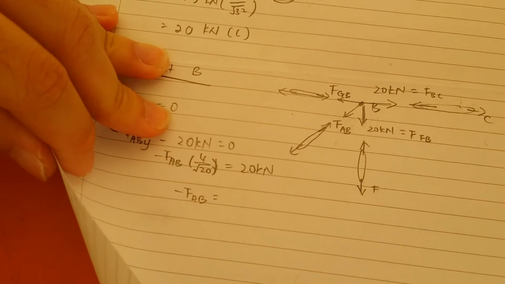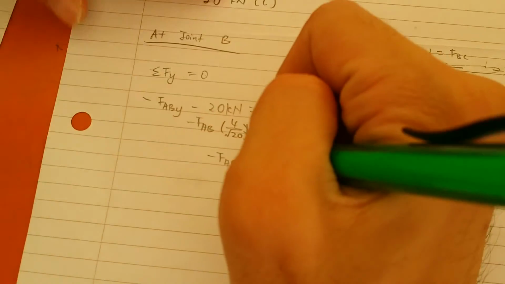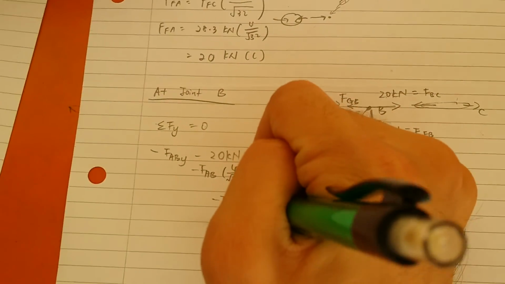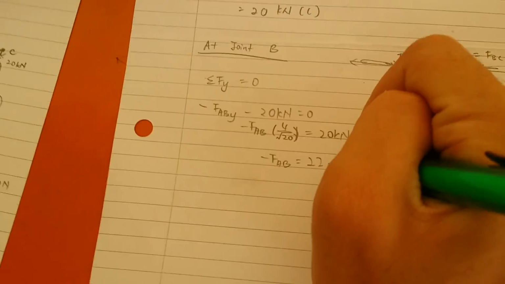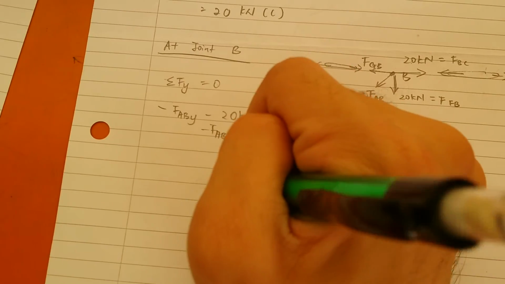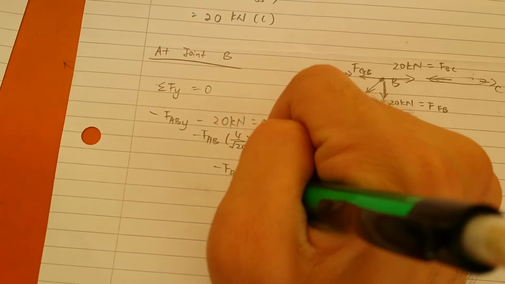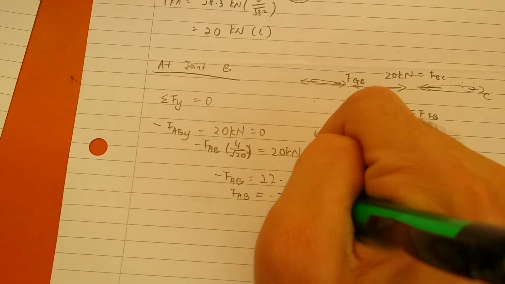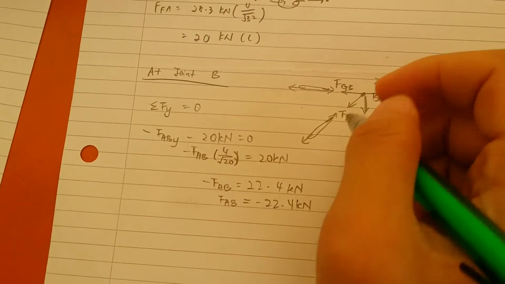Is it correct? Yes, so it's 22.4 kilonewton, and if we remove the negative sign, we get a negative answer, negative 22.4 kilonewton. This means our assumption is wrong.